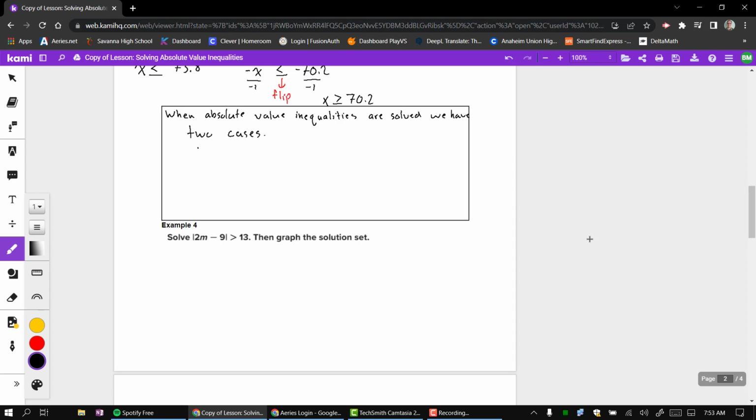Case 1. The expression inside the absolute value is non-negative.